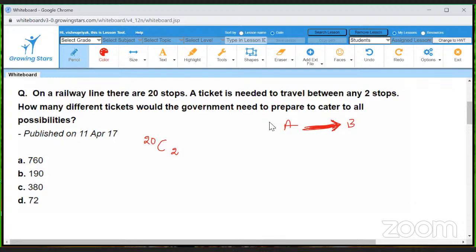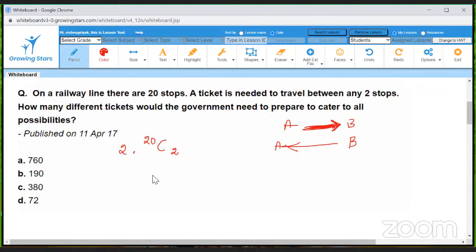But a person will not go only one way. The person will come back also. There are many people, they will come back from B to A. So for that also they need tickets. So we are multiplying by 2. One forward, one backward trip.